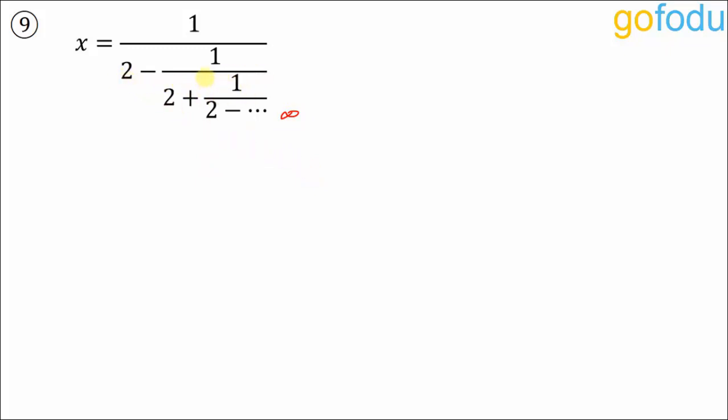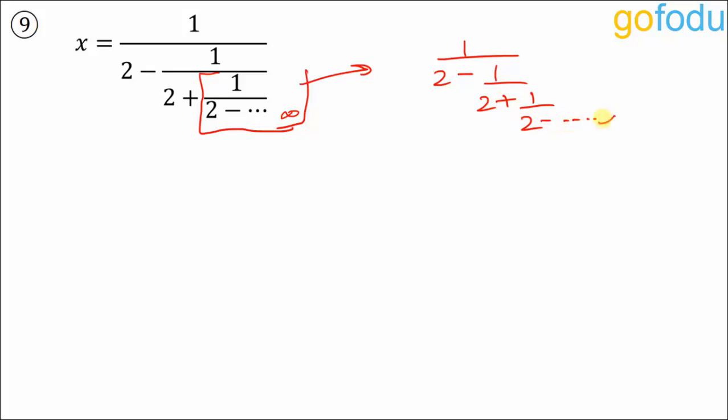If we focus on this part, especially this part only, if I write this part down, this would be 1 upon 2 minus 1 upon 2 plus 1 upon 2 minus and so on till infinity. Only this part I have expanded here.